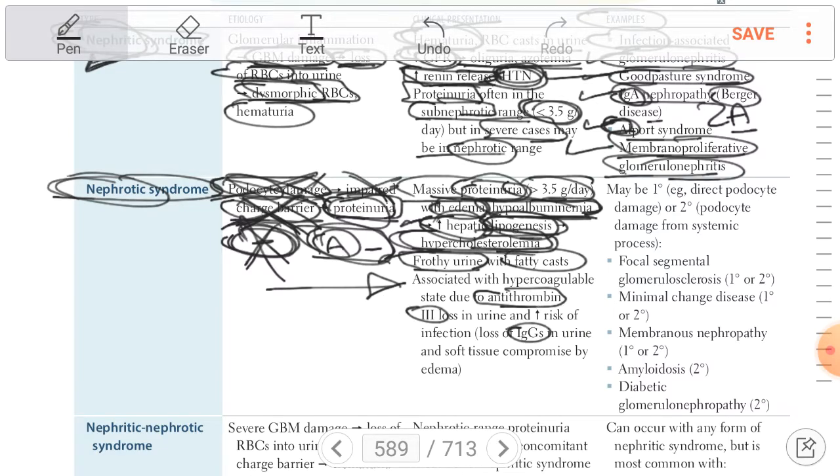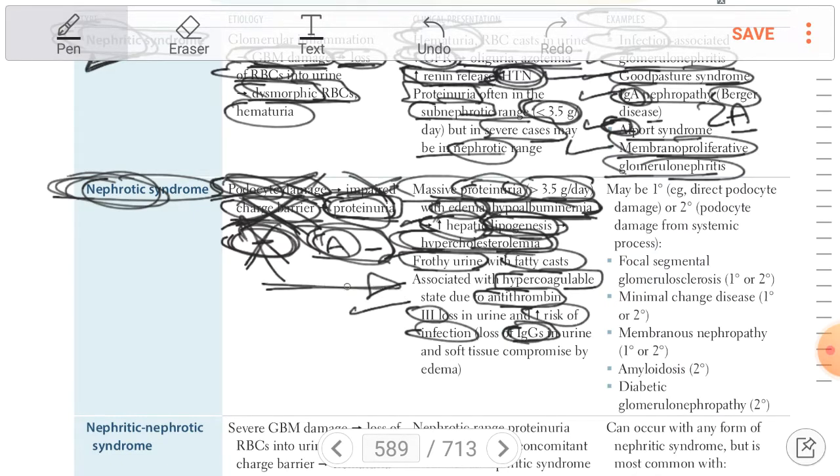These are so important. So loss of antithrombin 3 leads to what? Hypercoagulability in nephrotic syndrome. The second one, loss of immunoglobulin G, leads to increased risk of infection.